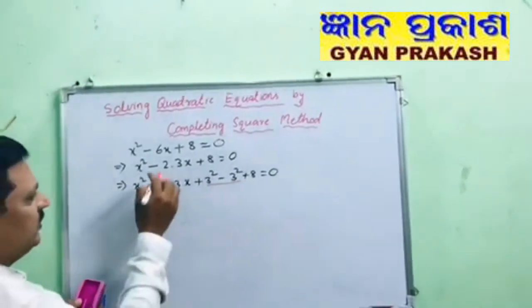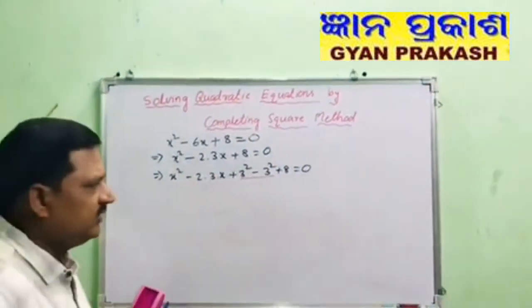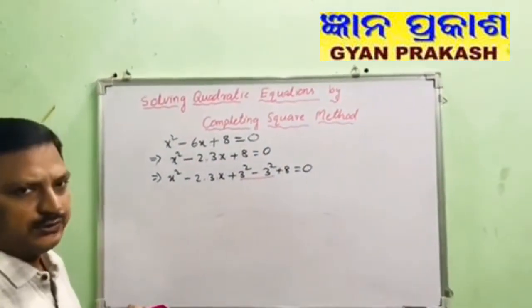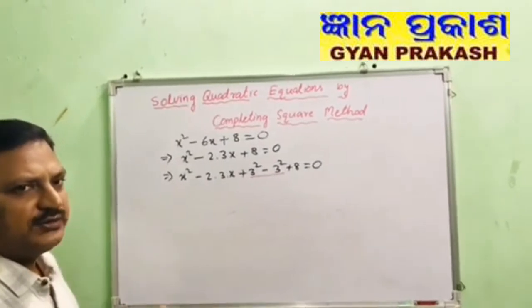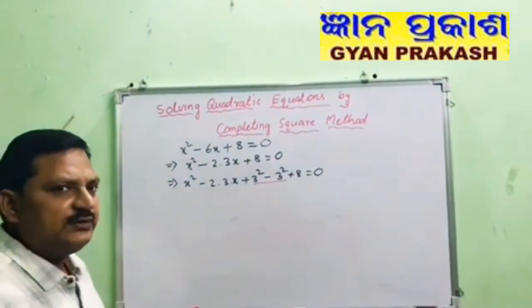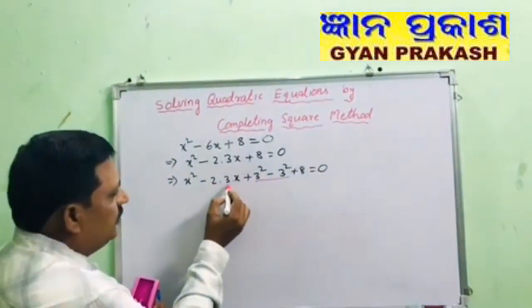You see, our purpose is to make a complete square, and we know (a plus b) whole square and (a minus b) whole square. (a plus b) whole square gives a square plus 2ab plus b square, and (a minus b) whole square gives a square minus 2ab plus b square. So here we have 2ab.